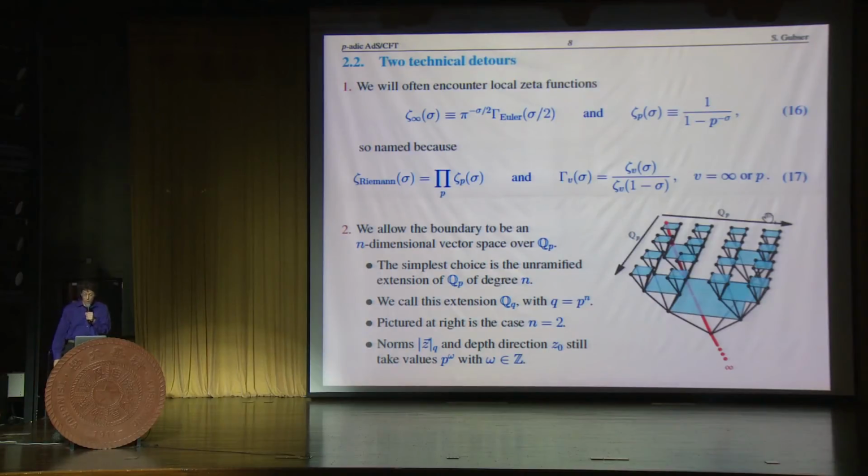This would be called a quadratic extension of the p-adics. And there's a norm, that I'll call norm subscript Q, that is very similar to the p-adic norm, and the depth direction z naught is still useful. So there's very little difference really between the two cases of unextended and extended p-adics.